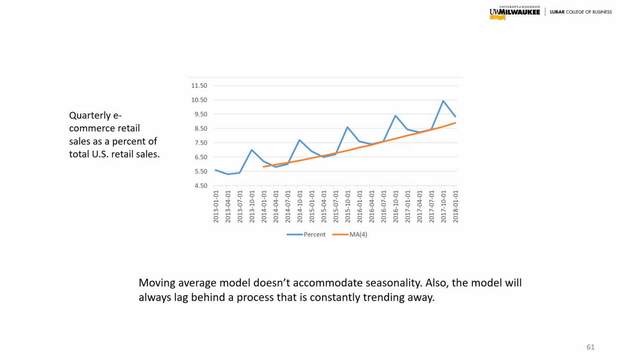Consider here, for example, quarterly e-commerce retail sales as a percentage of total U.S. retail sales over a certain period of time, as you can see here on the slide. The series is clearly trending and seasonal. The moving average model cannot accommodate the seasonality, nor can the exponential smoothing method in their basic forms.